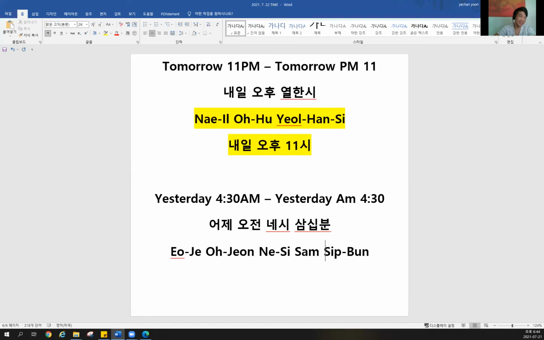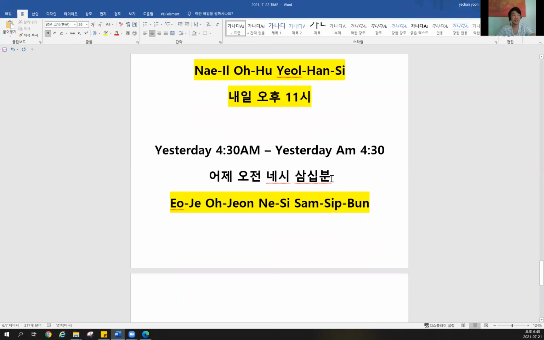Okay, this is the answer, but I told you guys, do you remember there's a different version? What was it, guys? You can write 30분 another way. This is also the same: 어제 오전 4시, but with 반.